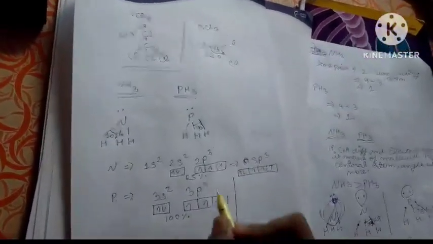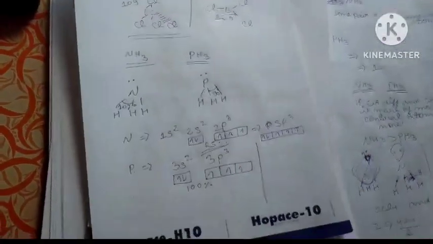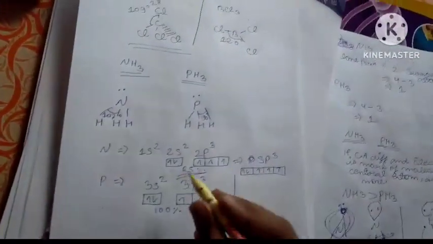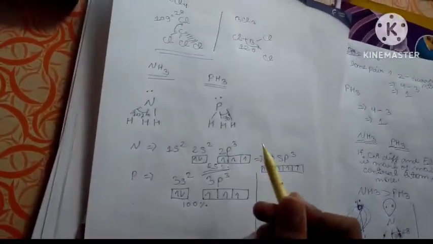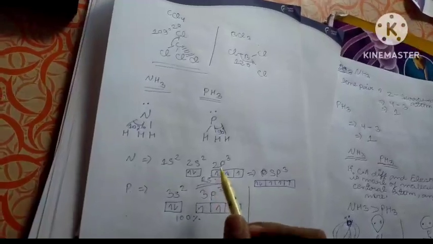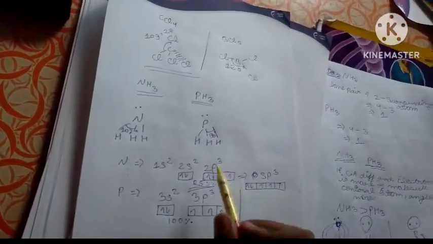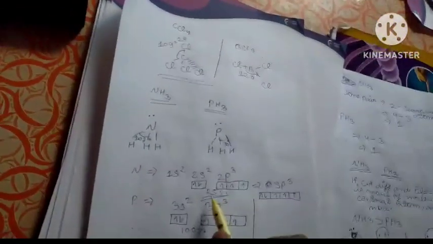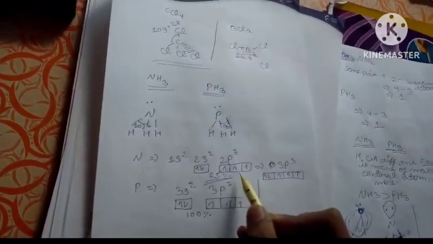So we can clearly see that the s character in nitrogen's orbital is less, and in phosphorus it is more. And we also know that electronegativity decides the gaining, losing, or sharing of electrons, right? In nitrogen it is 25%. Just assume 25%, it means that it has more tendency to share its electrons.